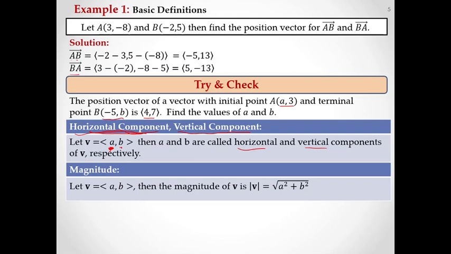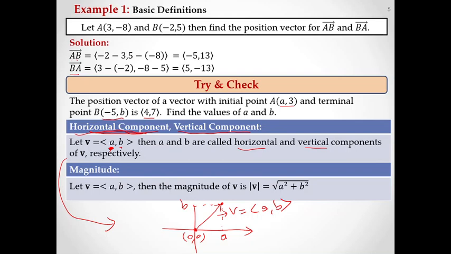By the way, when we say this, think of this vector in the Cartesian coordinate system. We will assume it starts from (0, 0) and goes up to (A, B). So we will say this vector is vector AB.